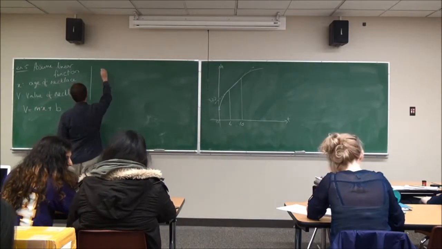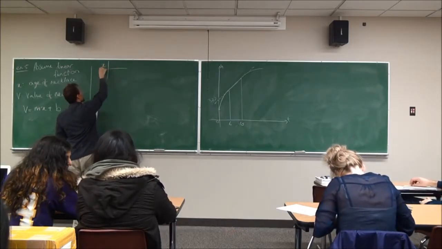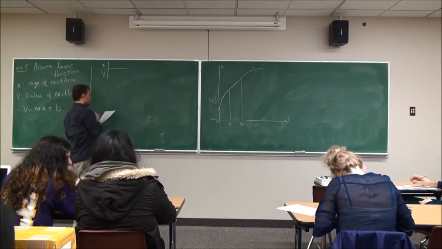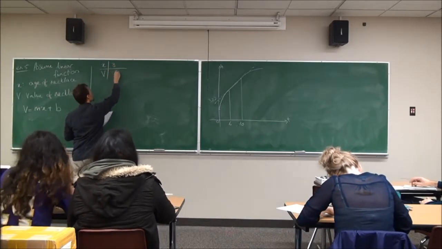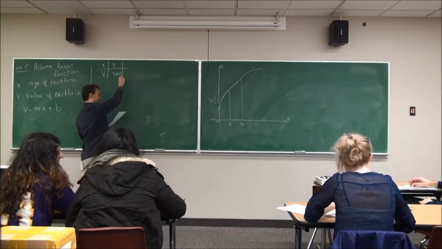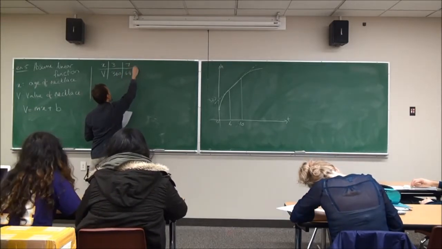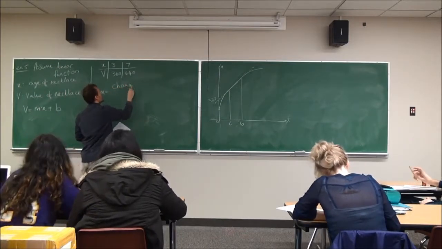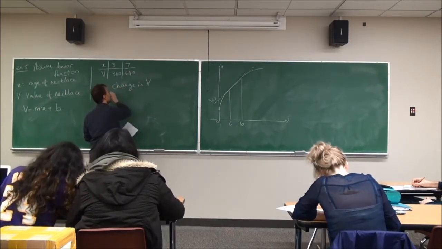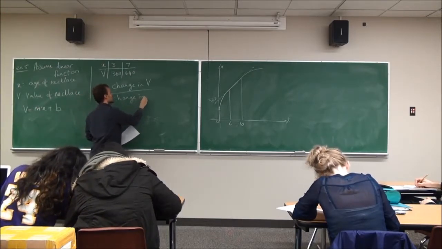Now, what do they give me? They give me x and V pairs of values. After 3 years, the value is 360. After 7 years, the value is 640. So what is the slope? Change in value over change in x.